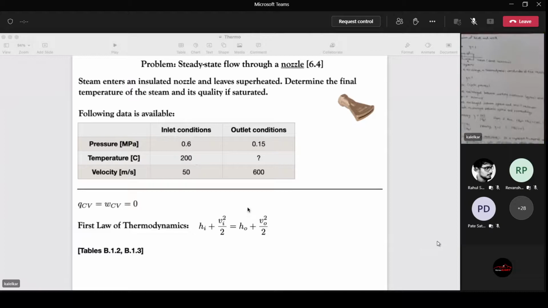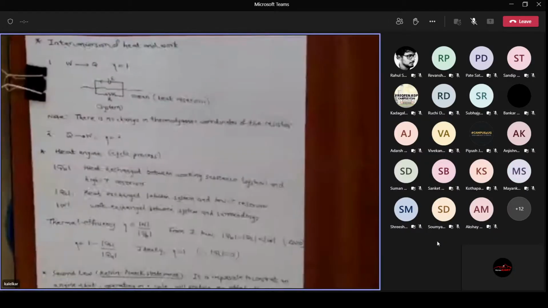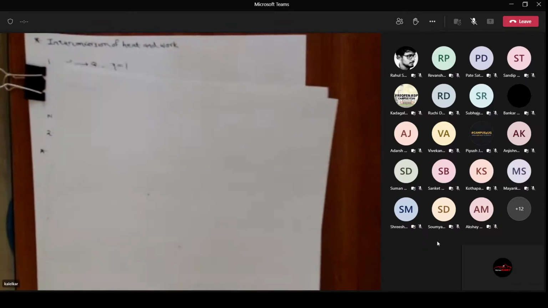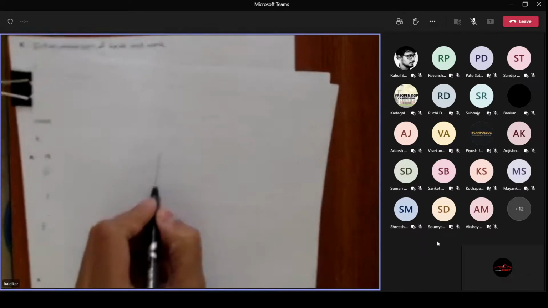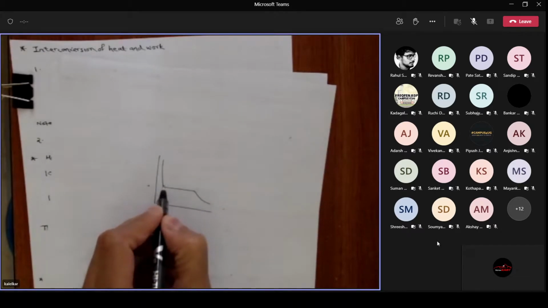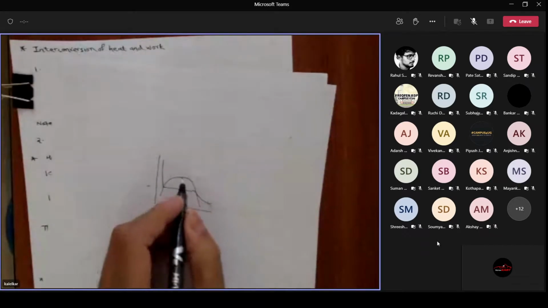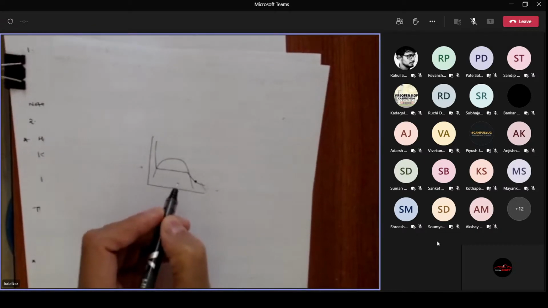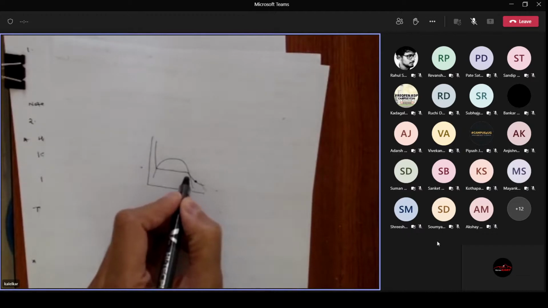Understand? So what is the trajectory in the PV diagram? What he's saying is that you are in a superheated region, and then in the final state you are here.